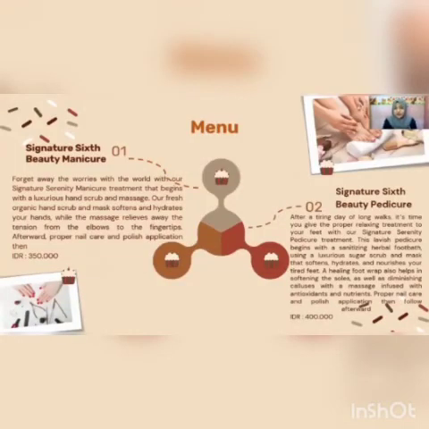What is the menu in this mani and pedicure? The first menu is Signature Fixed Beauty Manicure. Wash away the worries of the world with our signature manicure treatment that begins with a luxury hand scrub and massage.